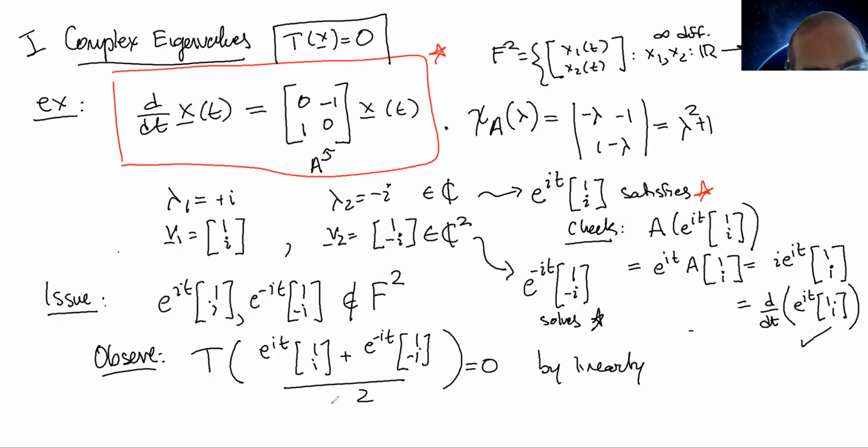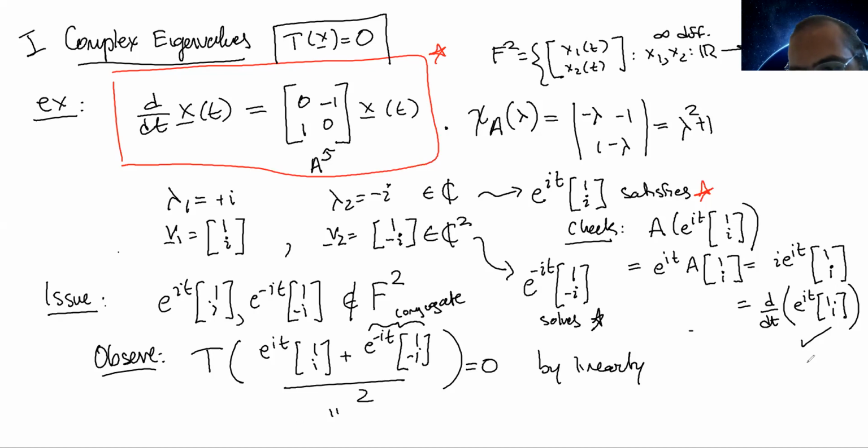And now the point is this thing is definitely going to be real. Why? Because it's some vector plus its conjugate, right? This second vector here is the conjugate of the first one. But let's just calculate it. So what will you get?